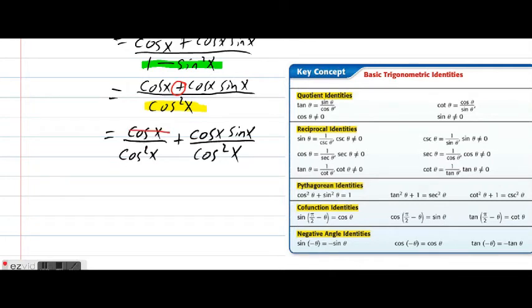So this cancels out one of those. I'm left with 1 over cosine of x plus, again, one of those cancels out one of those. So I'm left with sine of x over cosine of x.